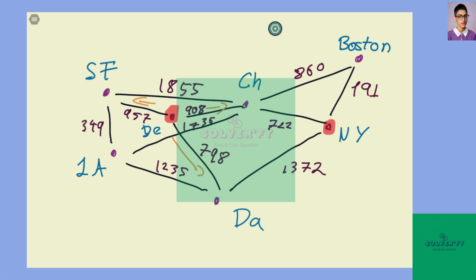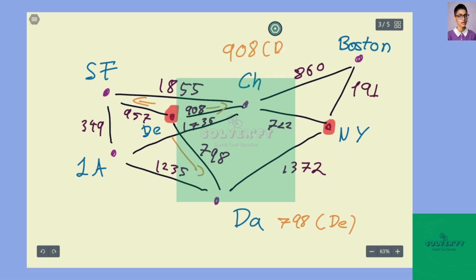Okay. So if we go to Dallas, then the distance will be 798, and the path will be just Denver. If we go to Chicago first, then the distance will be 908, and just Denver. Okay. Then we can discard this node. We are also going to discard LA and San Francisco because it's pointless to move in that direction.